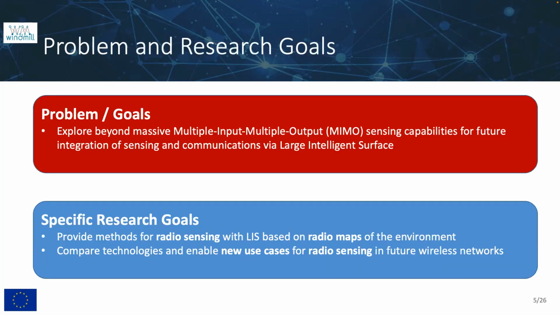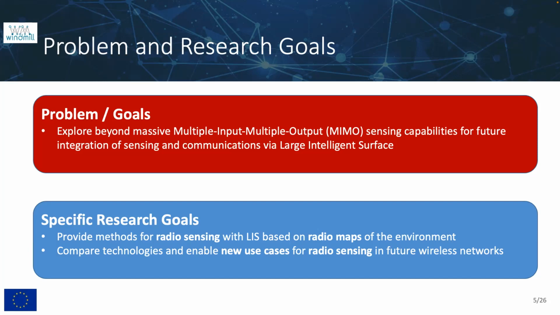Here are the problem and research goals that we try to address in this work. The main goal is to explore sensing capabilities beyond massive MIMO for the integration of sensing and communications, using mainly large intelligent surfaces. The specific research goals are: which methods can we actually develop for radio sensing and creating radio maps of the environment?